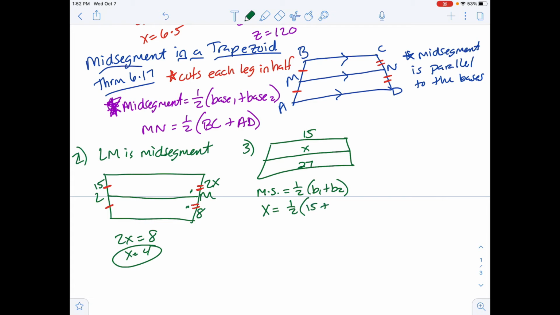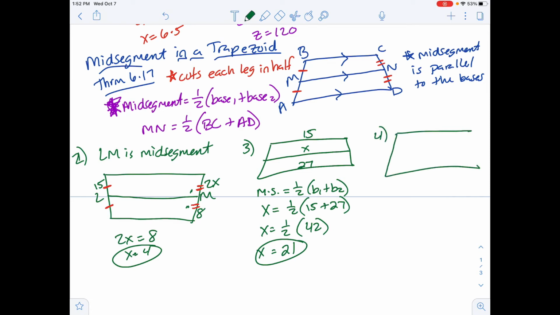My base 1 would be 15. My base 2 is 27. Now, does it matter which one base 1 and base 2 are? No, just make sure that they're the parallel lines. Now we're going to solve. Okay, so 15 plus 27 would be 42. Half of 42 would be 21.